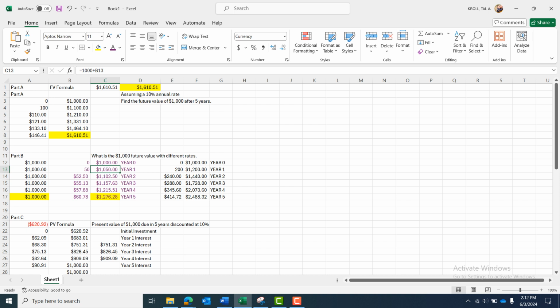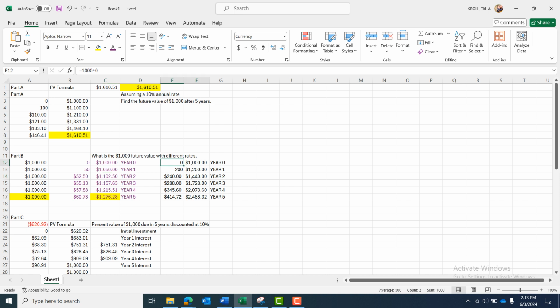And then on that total investment with the interest, I'm multiplying by 5%. Next year I'm earning $52.50, and then I add that to my investment. Then I multiply my 5% by that prior year's amount. But you could have gotten this total without the detail by using that future value formula in Excel.